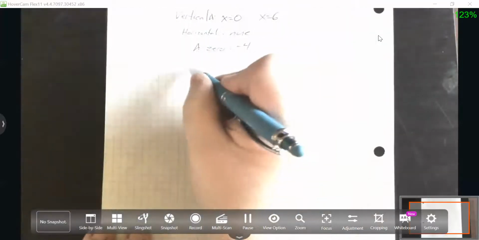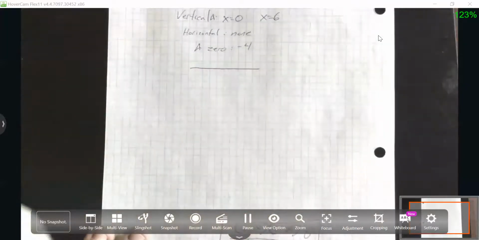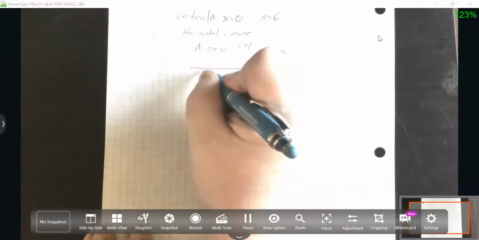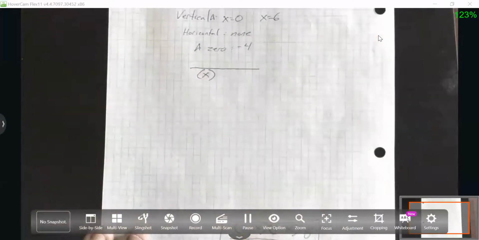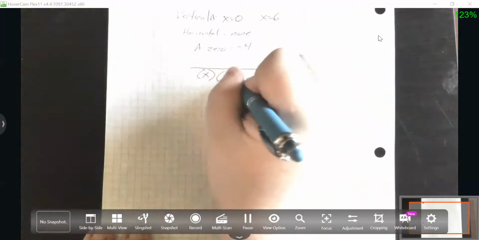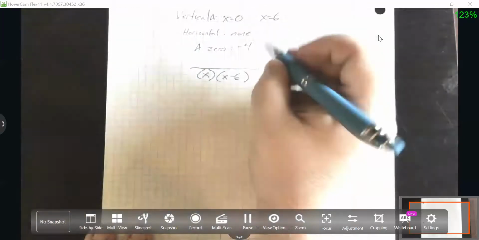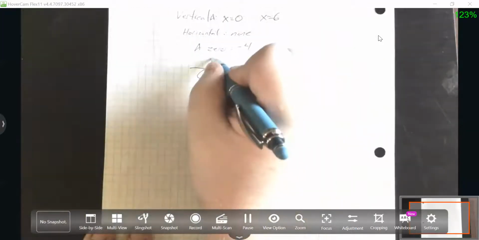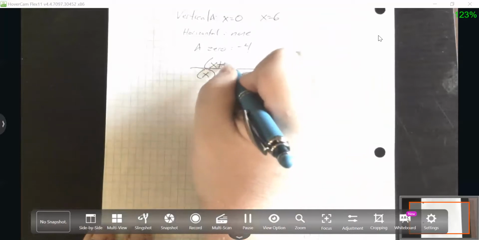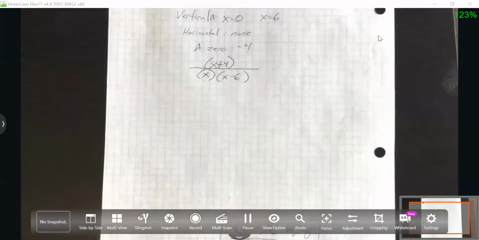So I'm going to start the same way. I know that this is some kind of expression. We have a vertical asymptote at x equals 0, so x would have been a factor. We have a vertical asymptote at x equals 6, so x minus 6 would have been a factor. We have a 0 at x equals -4, so x plus 4 would have been a factor.